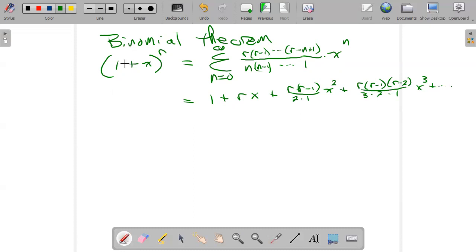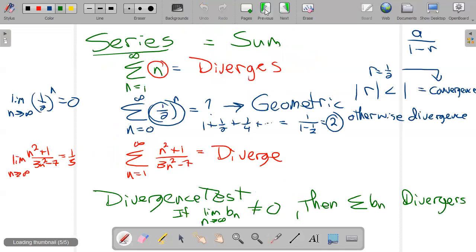So without taking repeated derivatives, that allowed us to find series for things like 1 plus x to the power 1/2 and 1 plus x to the power -3. Or even things like 1 plus x to the power 4.1 and so on.